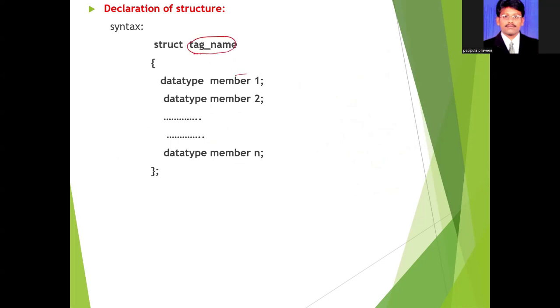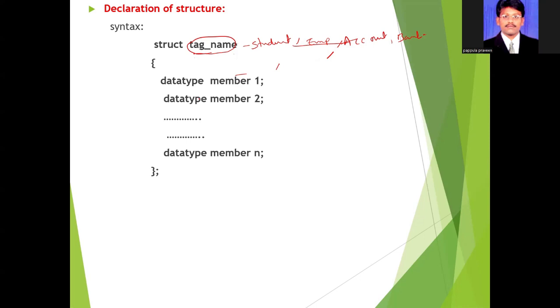The tag name is user defined. For example, if we want to write student, then the tag name is student. Or if you want to write employee, then you write employee, or some accounts or bank or any other.